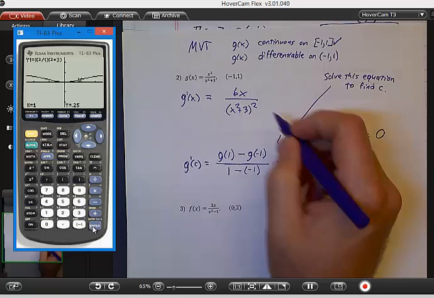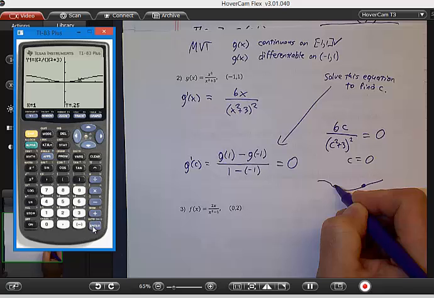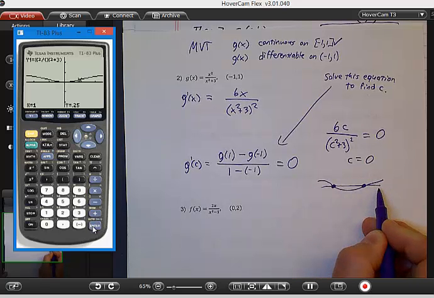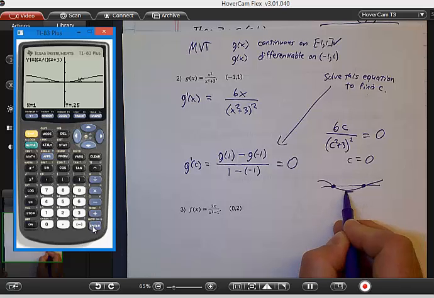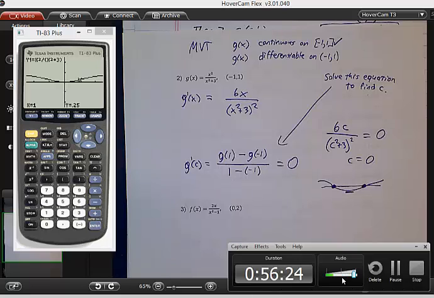So my picture of this thing is like this. G of 1 is here. G of negative 1 is here. The secant line has a slope of 0, and here's where the tangent line has a slope of 0. Are you with me? All right. You can go on to number 3, or you could talk about homework. Either one. You still have a few minutes left.